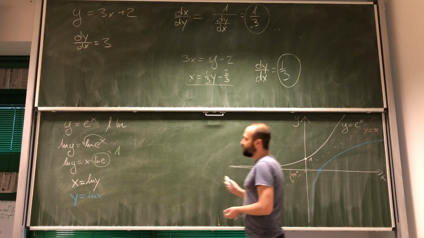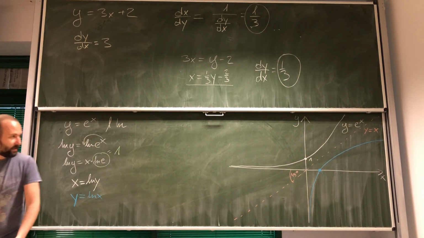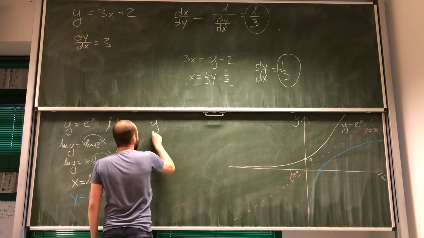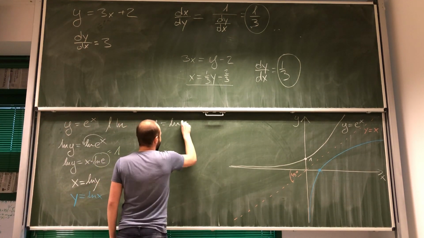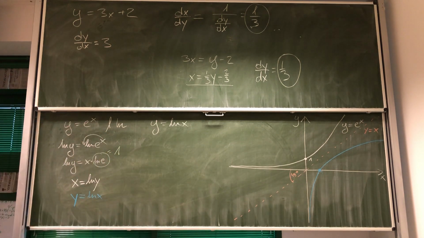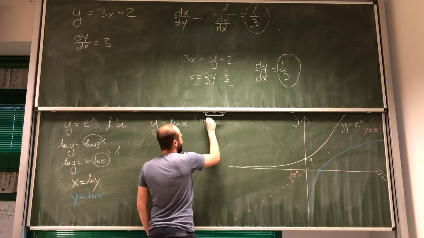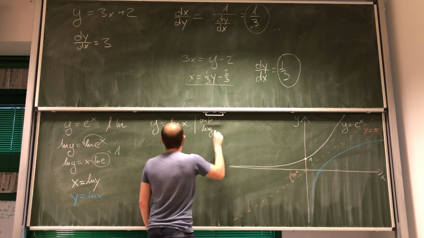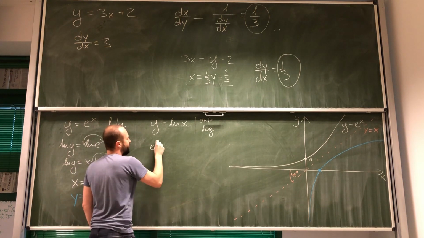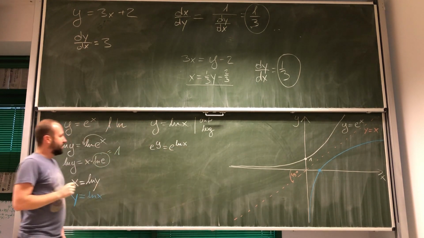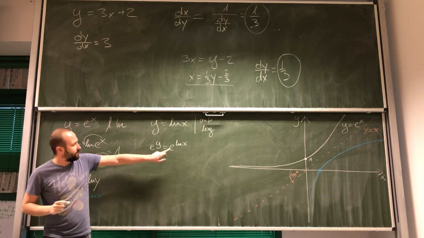Now let me just remind you one more thing, that of course we could do the same thing starting from y equals ln x. The case here is a little bit more complicated because instead of logarithmizing both sides, we need to take the anti-log, which means we are getting e to the power of y equals e to the power of ln x. But what do we have over here?